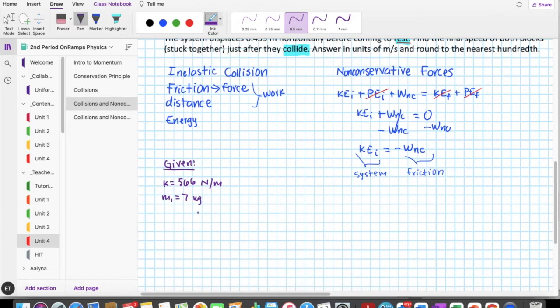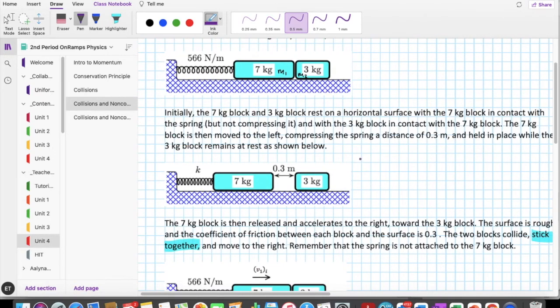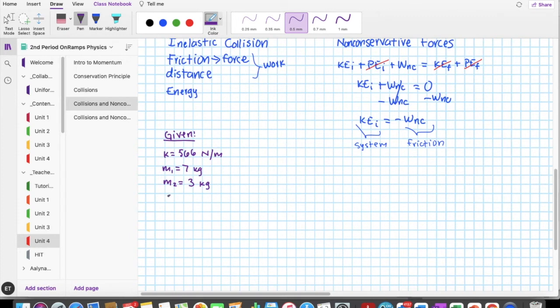I know I'm not looking to significant digits. I know. Sorry. 3 kilograms is mass 2. What else do we have? Acceleration due to gravity is 9.8 meters per second squared.